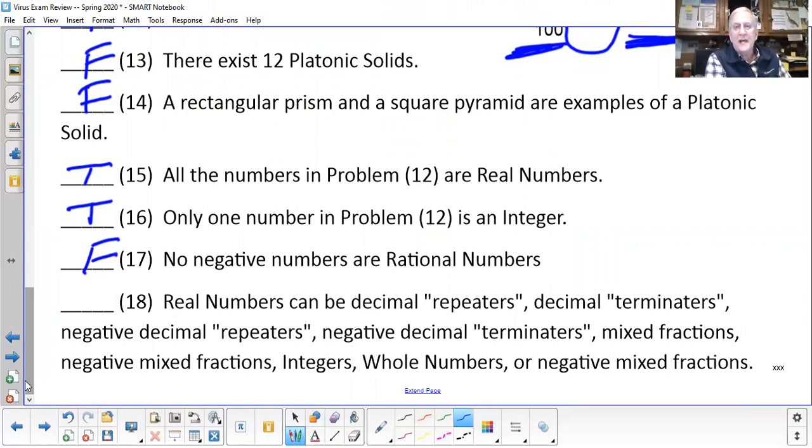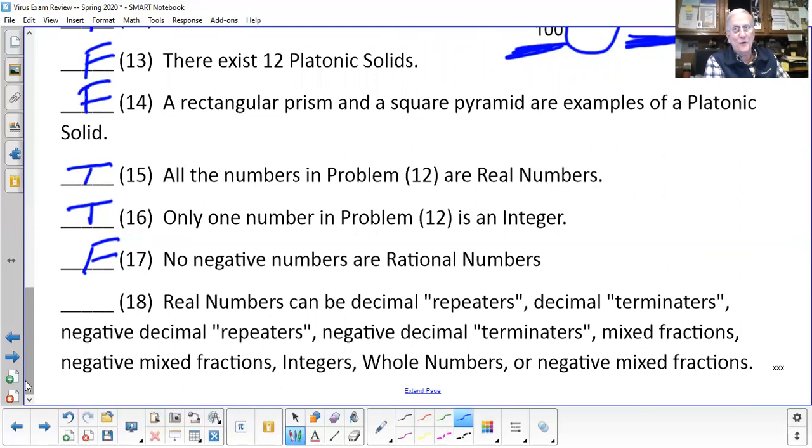Real numbers can have decimal repeaters, decimal terminators, negative decimal repeaters, negative decimal terminators, mixed fractions, negative mixed fractions, integers, whole numbers.